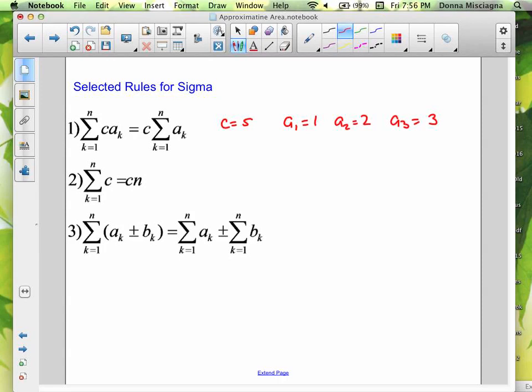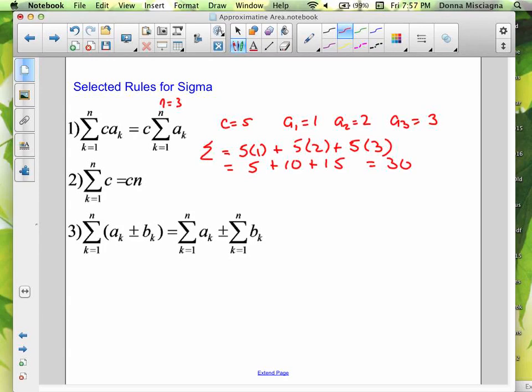Let's just say n equals 3. We could take each value, so the sum would be 5 times 1 plus 5 times 2 plus 5 times 3, and that would be 5 plus 10 plus 15, which would be 30. Okay?